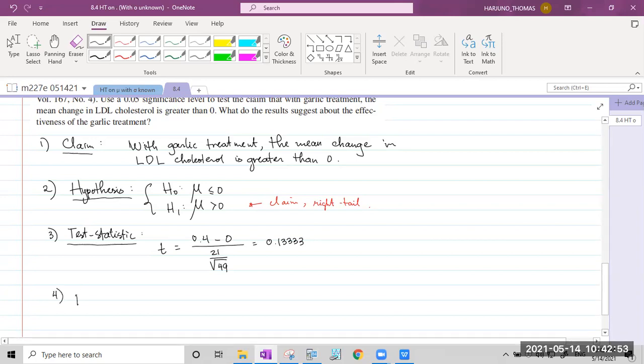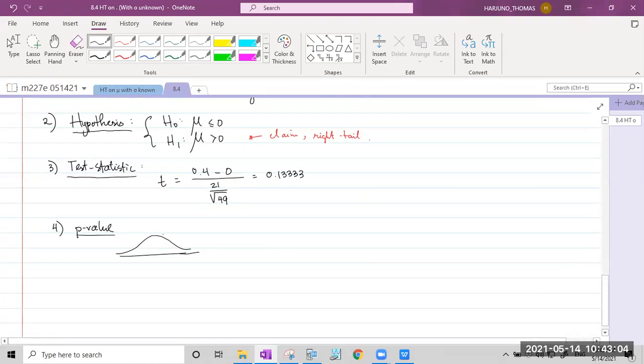Okay, then what is the p-value? The t distribution has test statistic 0.13, so it's very close to the mean. So the p-value is, you know what, let me move a little bit to the left. The p-value is tcdf. It's a rectangle, right? From 0.13333 to E99, degrees of freedom 48.